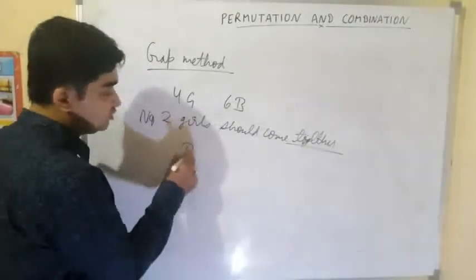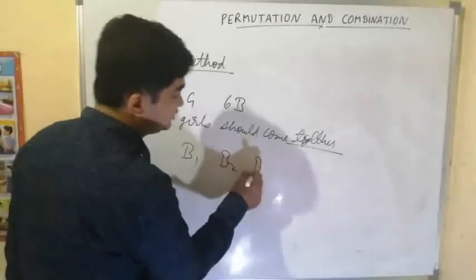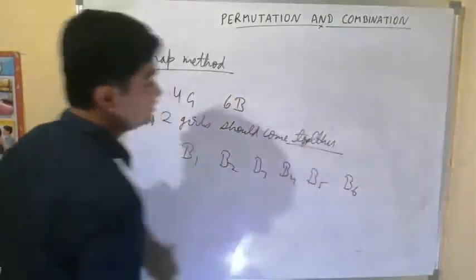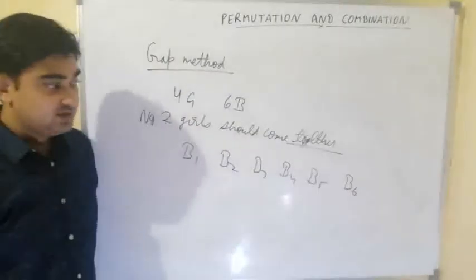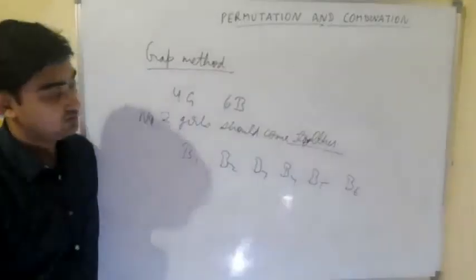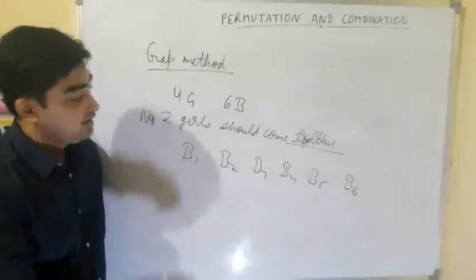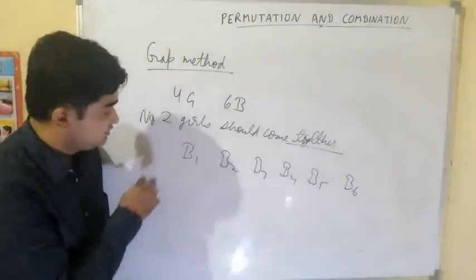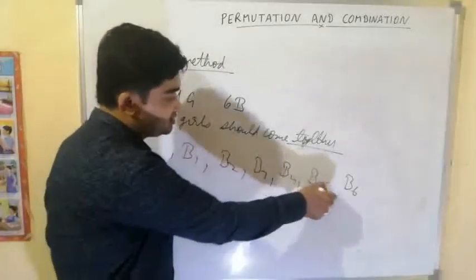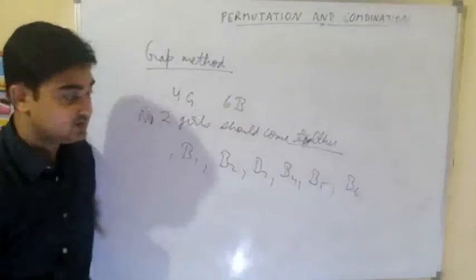Total we have 6 boys, boy number 1, boy number 2, boy number 3, boy number 4, boy number 5, and boy number 6. Since there is no condition for boys, call the boys, ask them to stand in a row, right? Then after boys have arranged, there are how many spaces? 1, 2, 3, 4, 5, 6, 7. 6 boys, so 7 spaces.